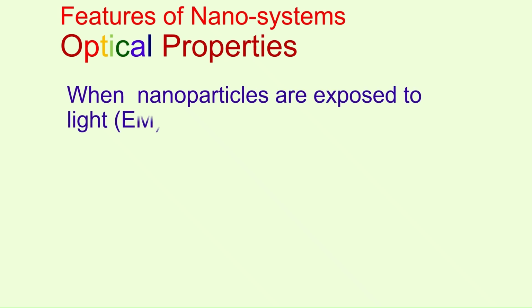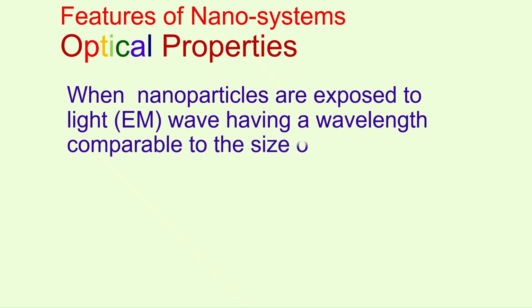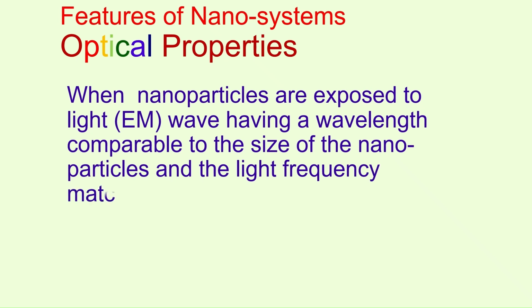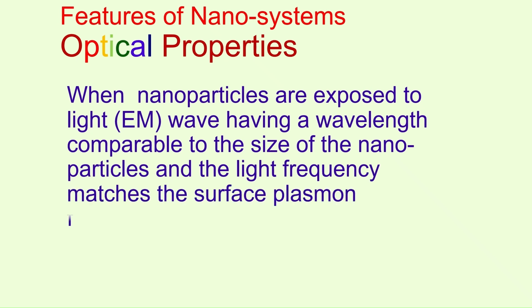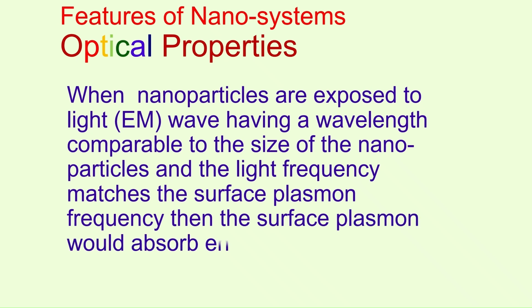When nanoparticles are exposed to light or electromagnetic waves having a wavelength comparable to the size of the nanoparticles, and the light frequency matches the surface plasmon frequency, then the surface plasmon would absorb energy.